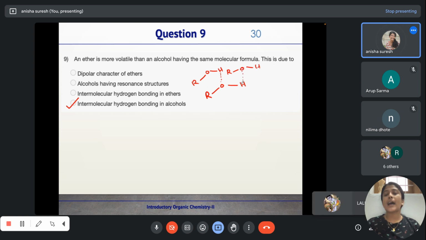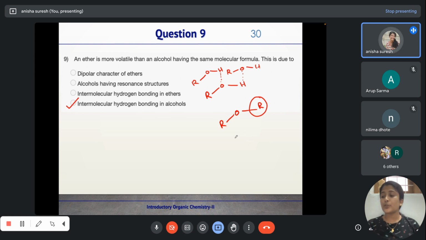Because of this hydrogen bonding interaction, the boiling point of alcohols will be more. In case of ethers, there is no hydrogen atom that can do hydrogen bonding. Because of that, ethers will be more volatile than the alcohol. Clear?